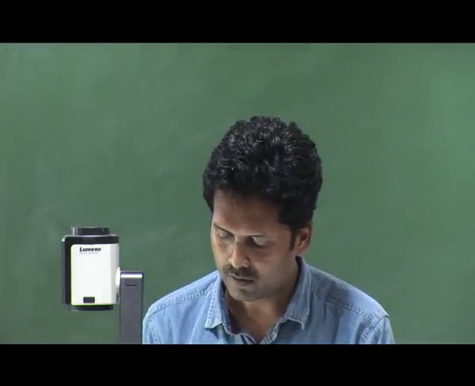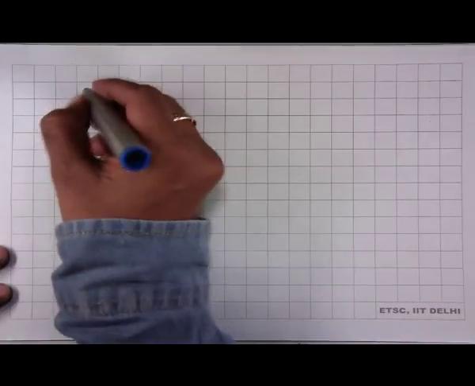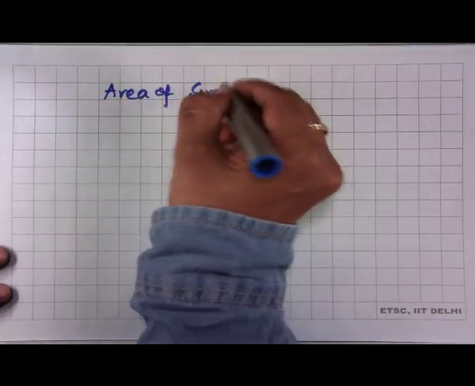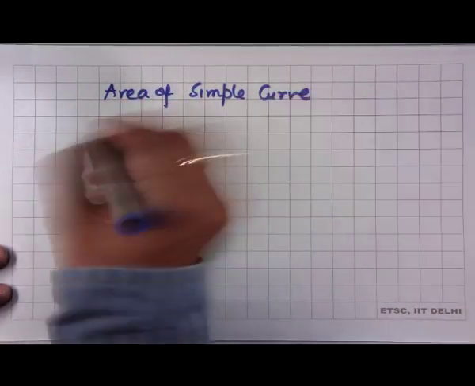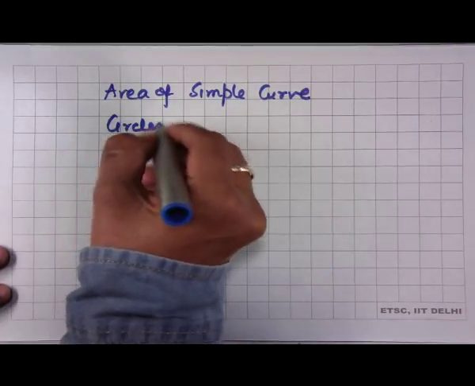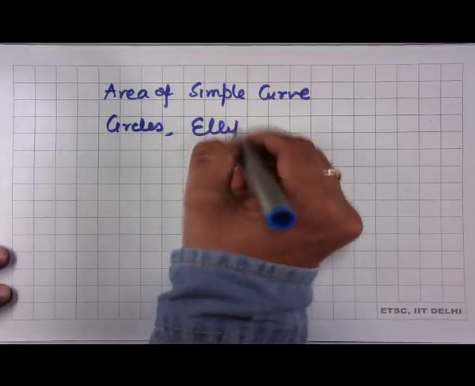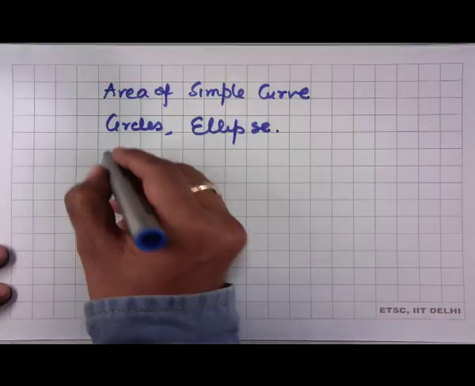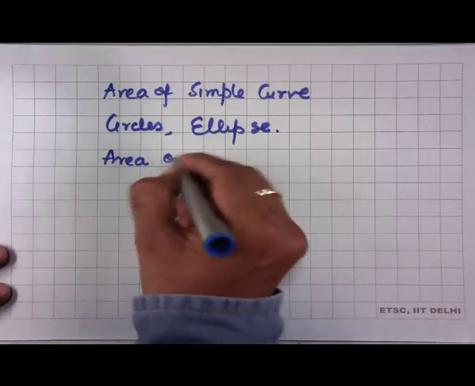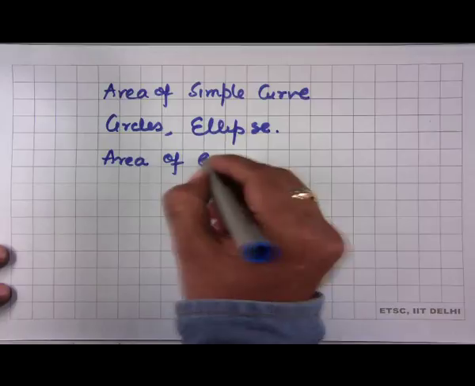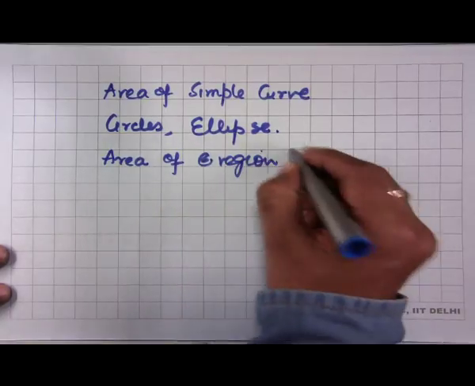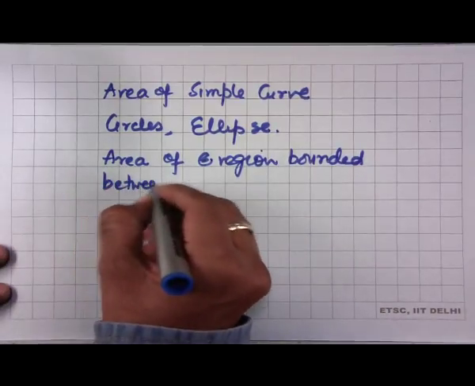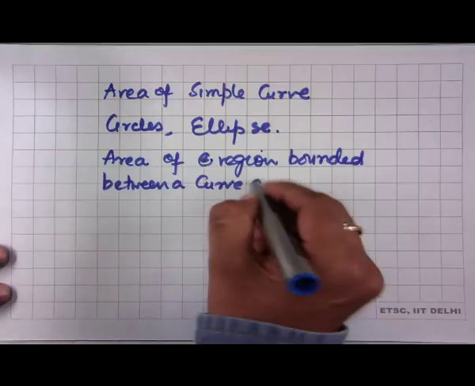Today we have seen how to find the area of simple curves, and we have computed the area of circles, ellipse, and then we moved towards slightly more complicated cases where we have seen how to compute the area of a region bounded between a curve and a line.